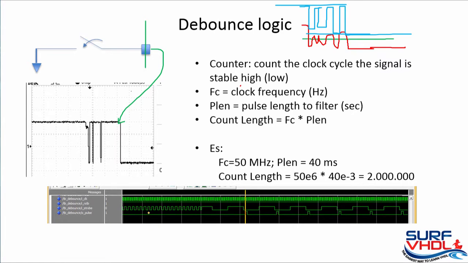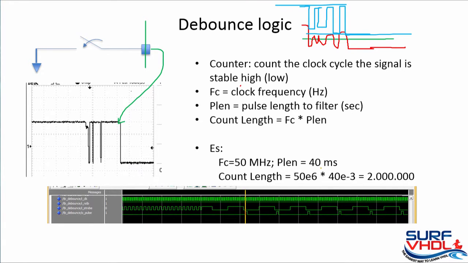In this case, we have a simulation with ModelSim, where when the input is less than an amount of clock cycles, we don't have any output pulse. When the input is greater than an amount of clock cycles, we have the output.